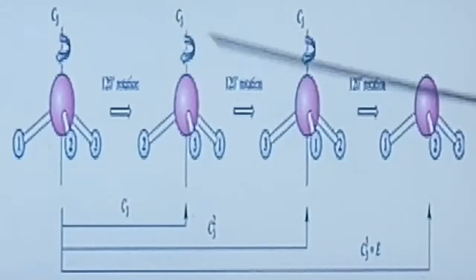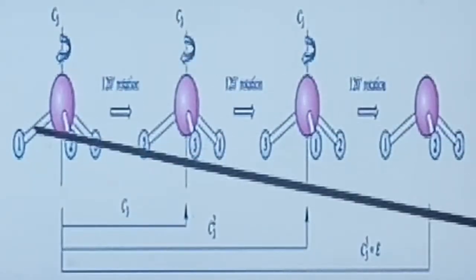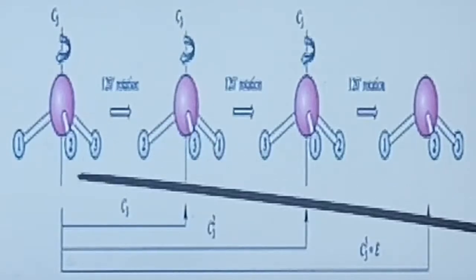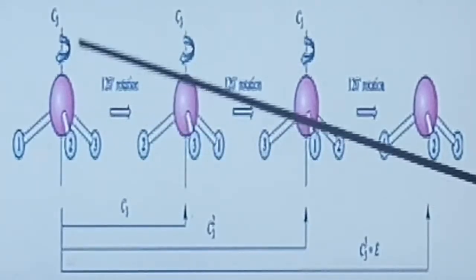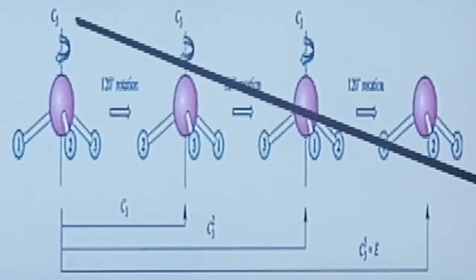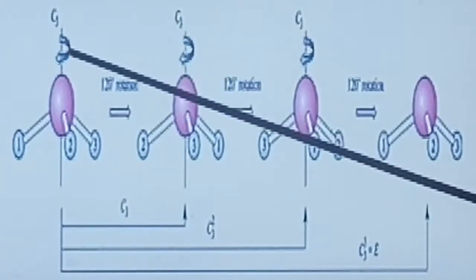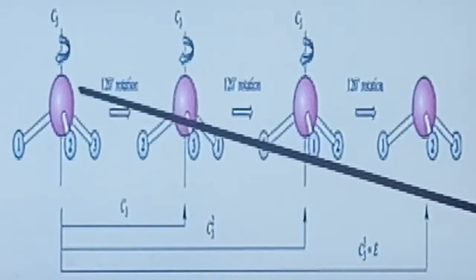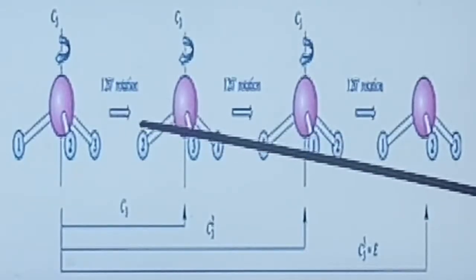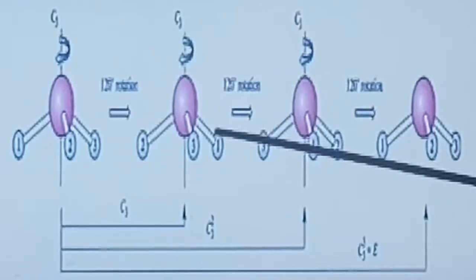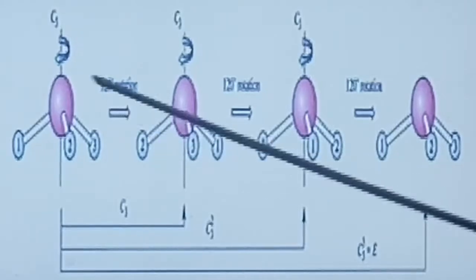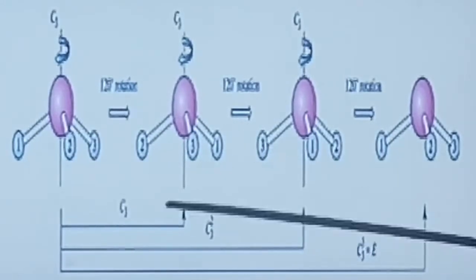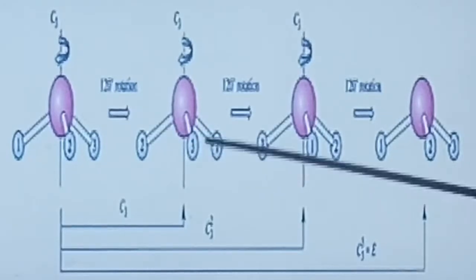So this is the ammonia molecule, and we have marked the hydrogen atoms 1, 2, 3, and this is the nitrogen atom. Now if this C3 operation is taken here, and the molecule is rotated by 120 degrees, we will get this position, that is, this atom 1 will come here, atom 2 will come here, and the third atom will come here.